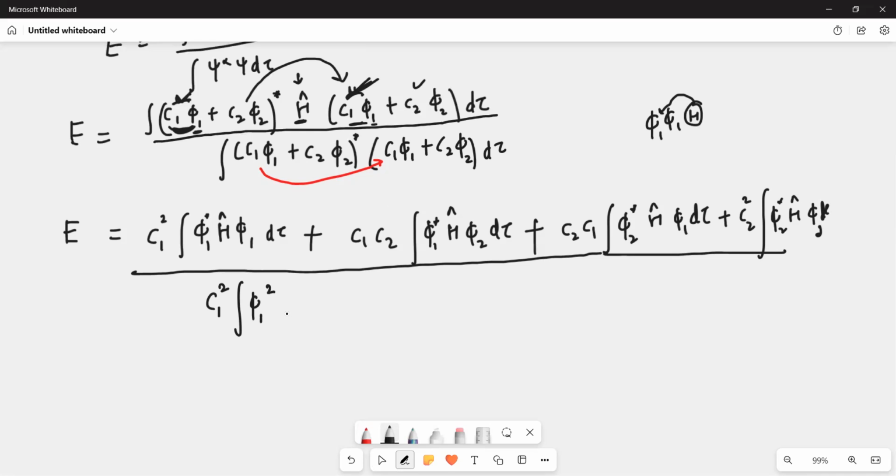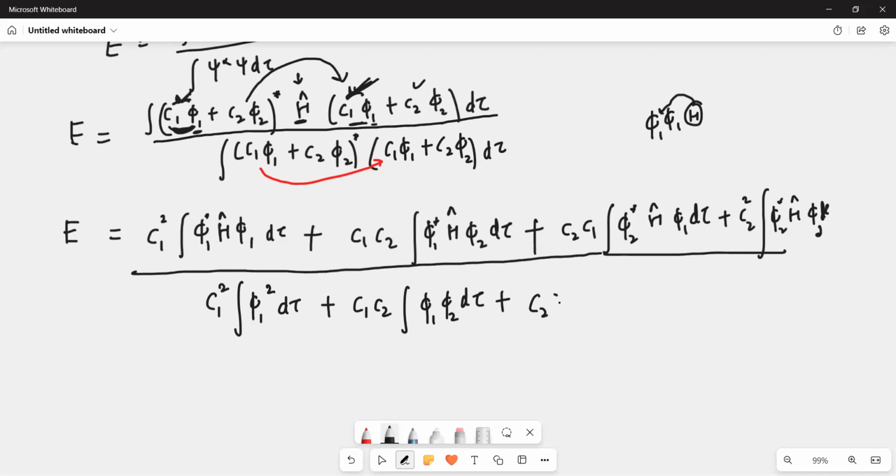Phi 1 square, we can write phi 1 square because there is no operator in between. So we can directly multiply d tau. Then C1 C2 phi 1 phi 2 d tau.